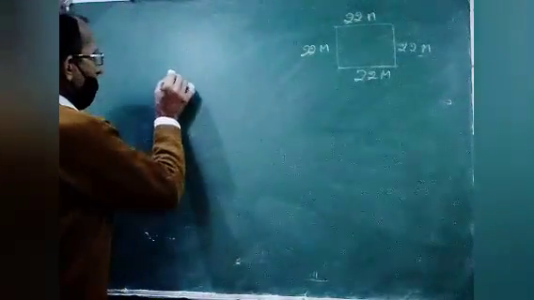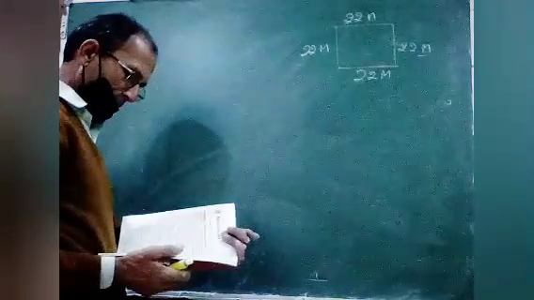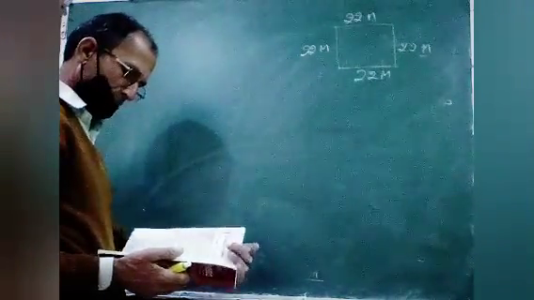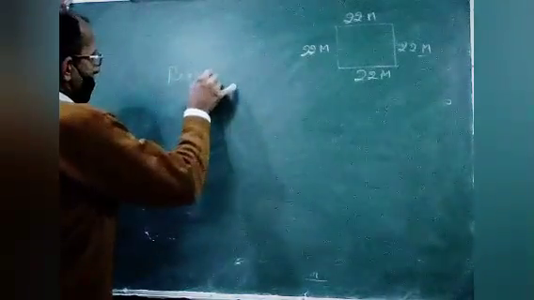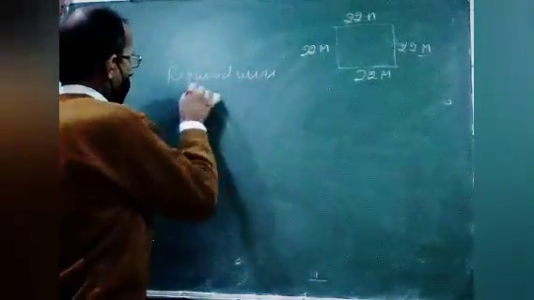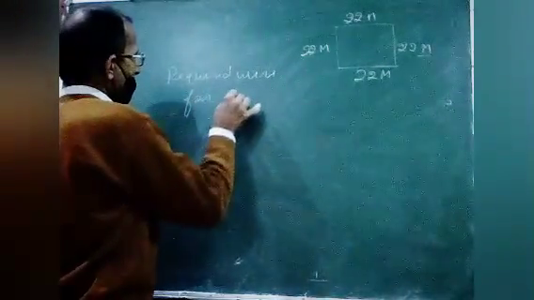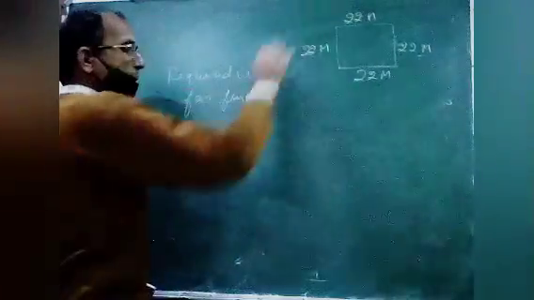So length of the wire, it means total length of the boundary. So length of the wire, it means what you have to find. A square field is 22 meter long. How much wire is required for fencing? So required wire for fencing. Fencing means covering its boundary.